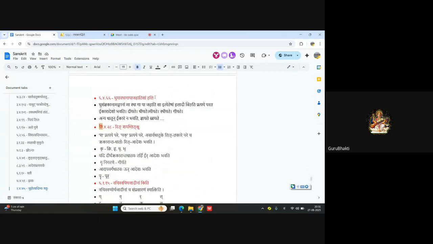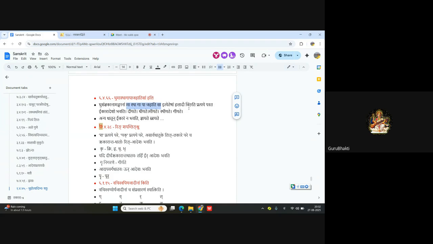We are in this sutra: ghu ma stha ga pa jahati sa mhali. It should read in this way. What is ghu sangya? Don't ask me, just understand. Ma stha ga pa jahati sa, all these dhatus, iti etesham haladau, kniti pratyaye parataha.